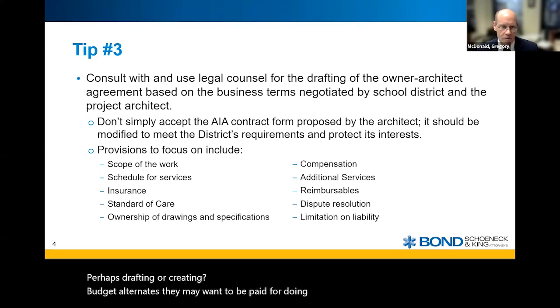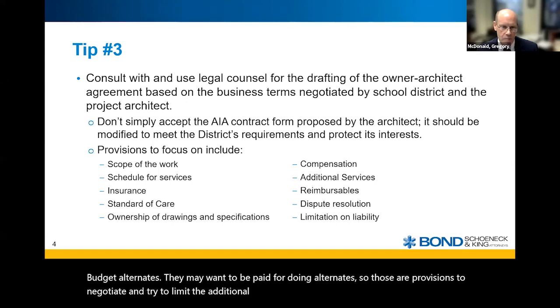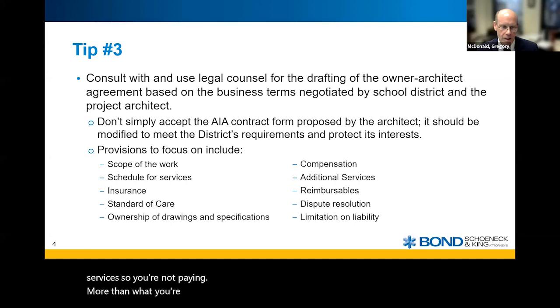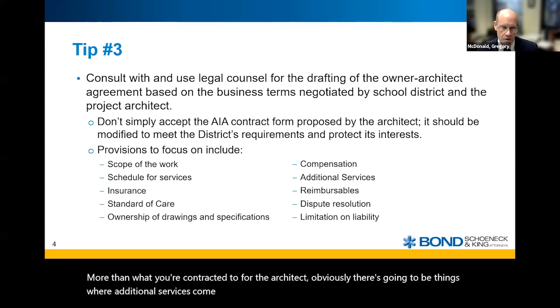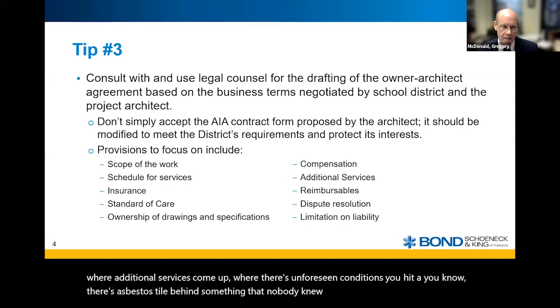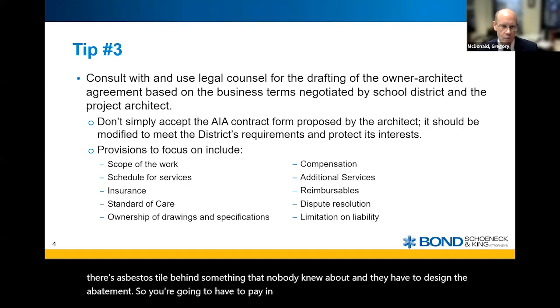So those are provisions to negotiate, and try to limit the additional services and include as much as possible in the basic services, so you're not paying more than what you contracted for the architect. Obviously, there are going to be things where additional services come up, where there are unforeseen conditions. You hit asbestos tile behind something that nobody knew about, and they have to design the abatement. So you're going to have to pay in that instance.